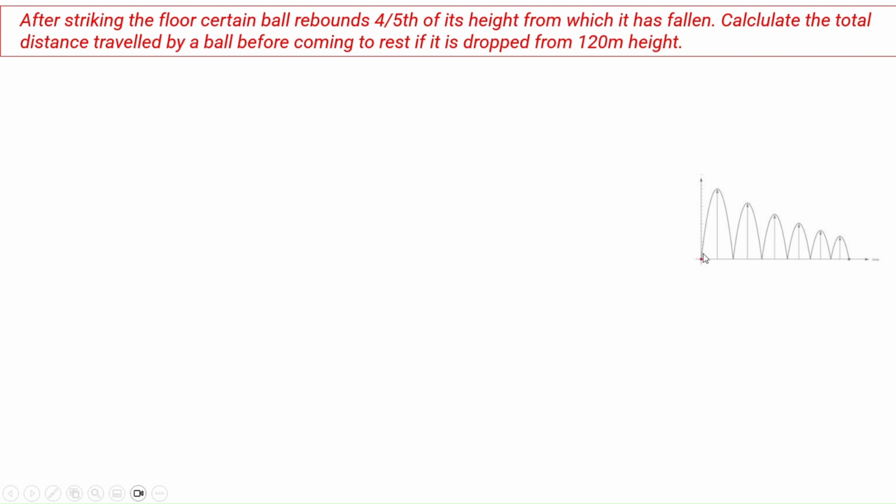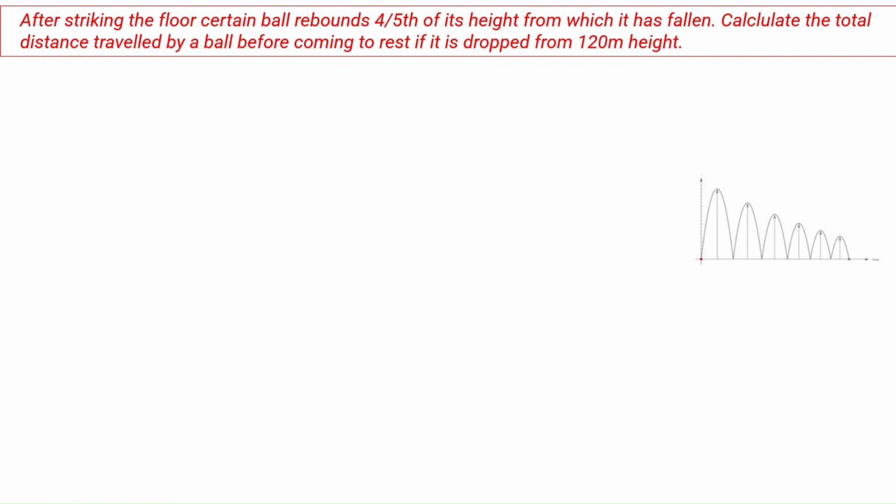So this 4/5 of its height, it will go twice: one when it is bouncing up, rebounding, and again falling down. Then it will again go 4/5 of that height and fall. It's like a water drop, a waterfall, it will fall, and after some time it will be on the ground.